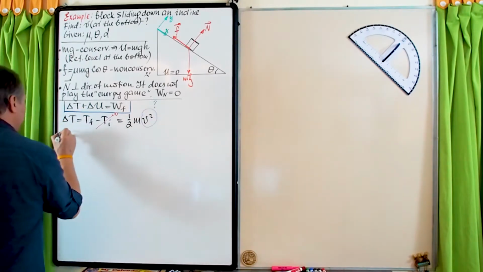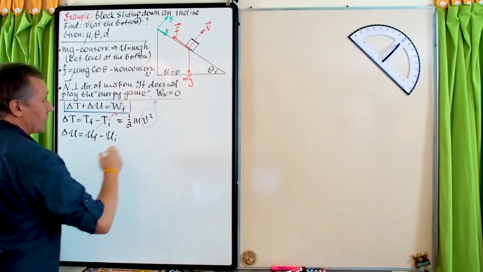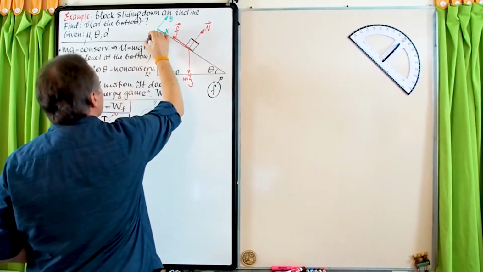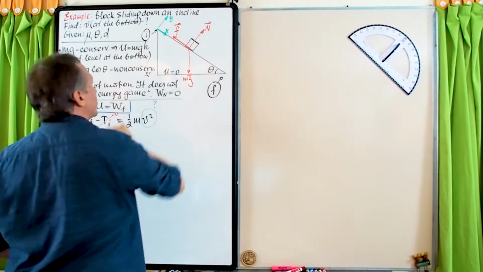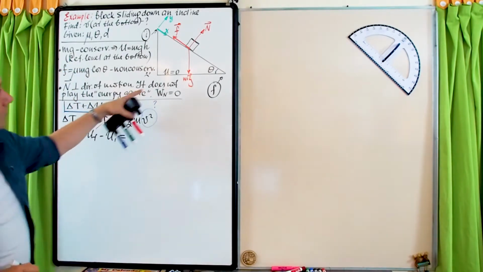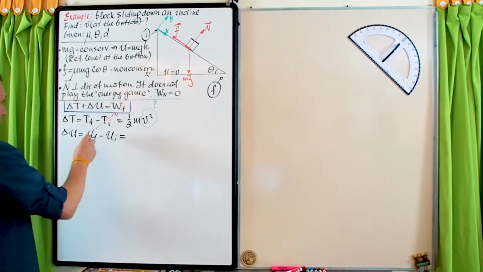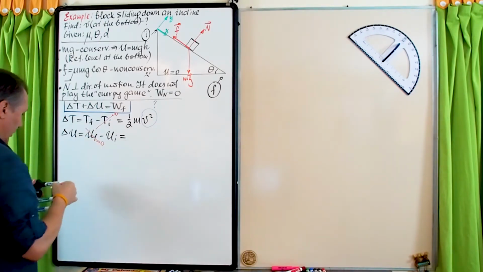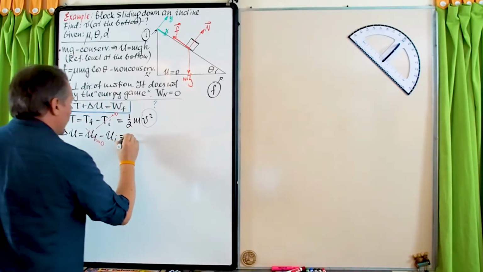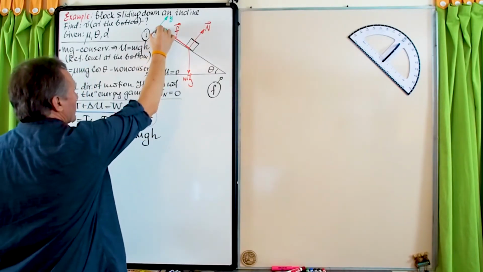Okay, delta U. Change in the potential energy. Of course, it's U final minus U initial. Maybe I should say that this is, of course, our final point, and this is our initial point, right? Final point is at the reference level, so the potential energy is 0. So we will get minus mg, and I will still use h, at this distance.